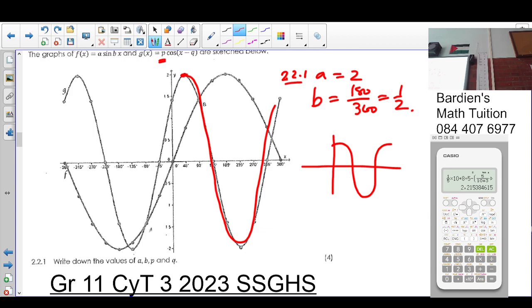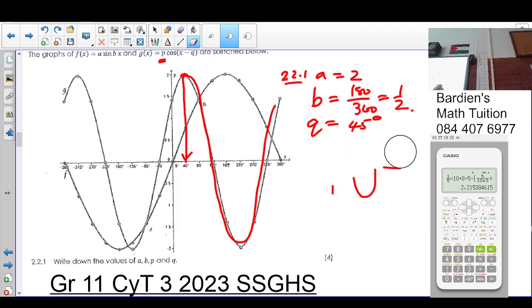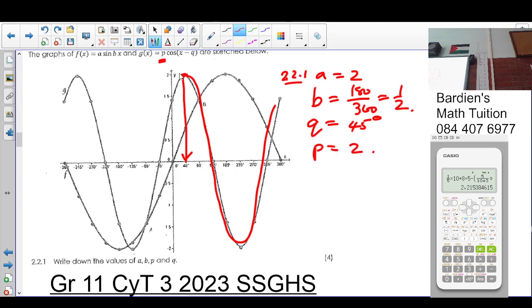So this graph actually moved forward by how many degrees? By 45 degrees. Okay, all agree with that? So your q value is going to be 45. And your p, of course, is also going to be 2. So then you get both values should be the same.